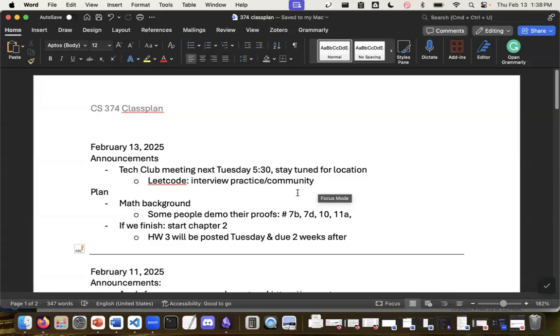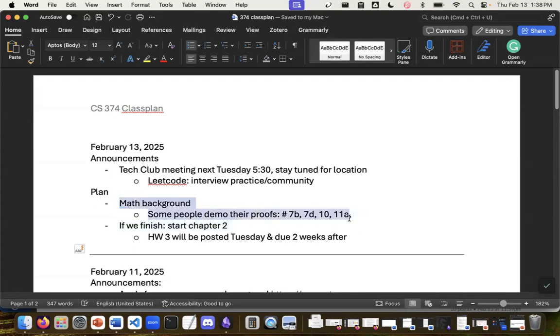We're also planning maybe having a panel of former students come and talk about their experiences in industry, and maybe also having a mini hackathon sometime near the end of the semester. So if that's something you're interested in, I encourage you to come when I give you all the correct details.